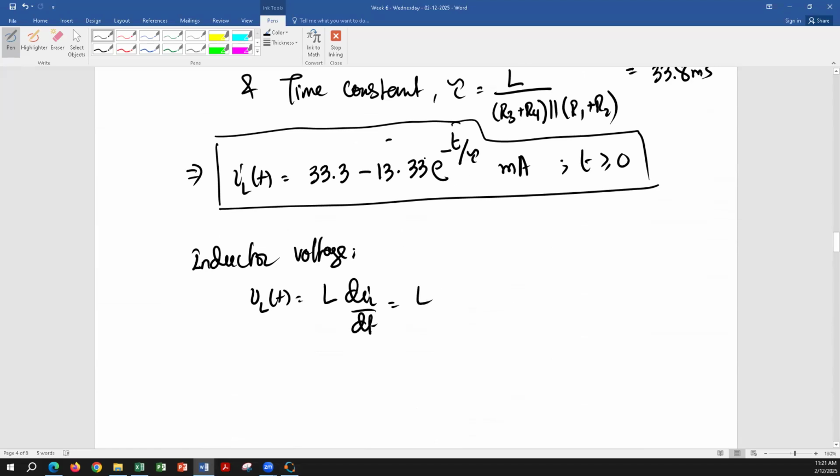All right, when we take the derivative of this, what will be the result? I'm not going to write the whole equation. I'm just going to write the result. Who's going to tell me the derivative of inductor current? 13.33 over tau. And remember that's milli, so I'm going to write it in terms of 0.0133 to compensate for this milli.